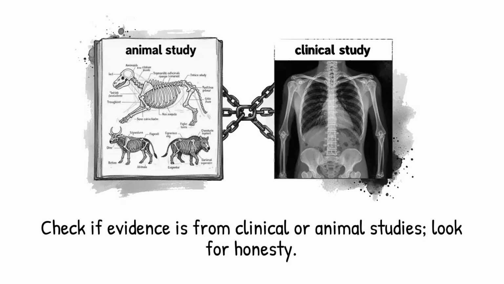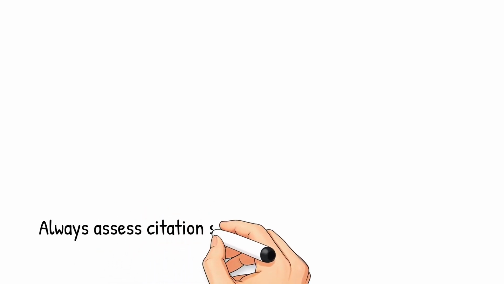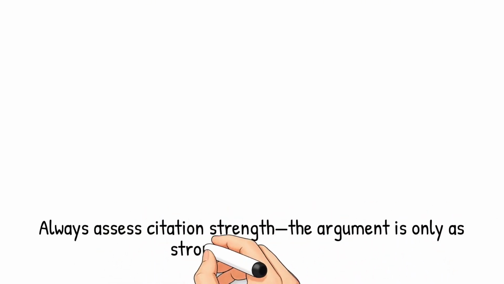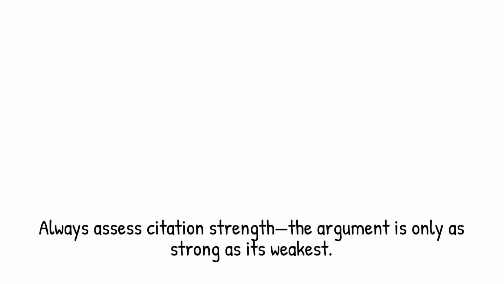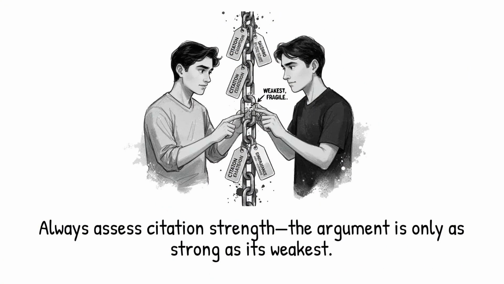Animal models showed faster bone apposition. Clinical studies confirmed it in humans. The chain is transparent. You can follow it and trust it. But carry this habit into every introduction you read. Citations are claims. Claims have varying levels of support, and the argument is only as strong as its weakest citation.